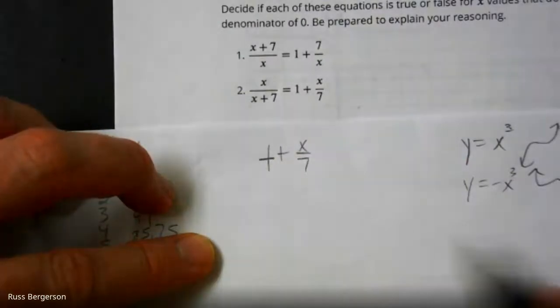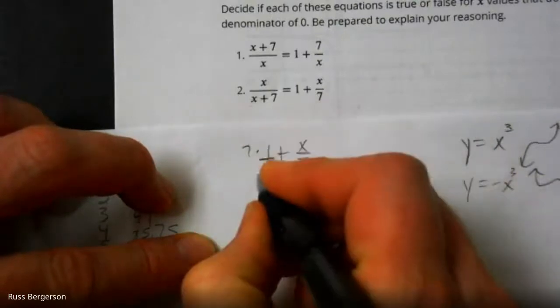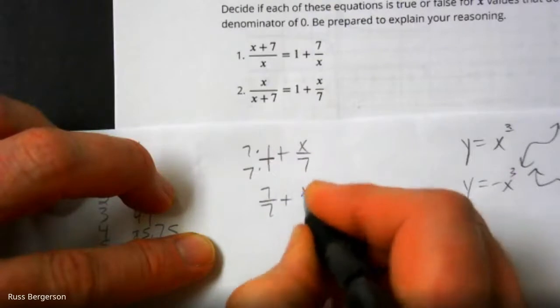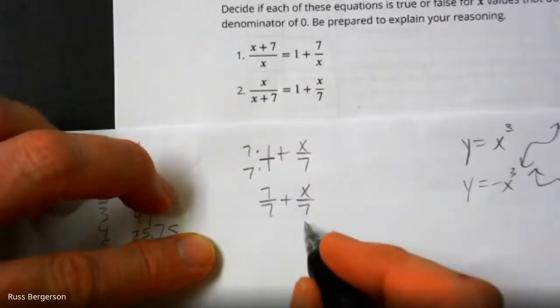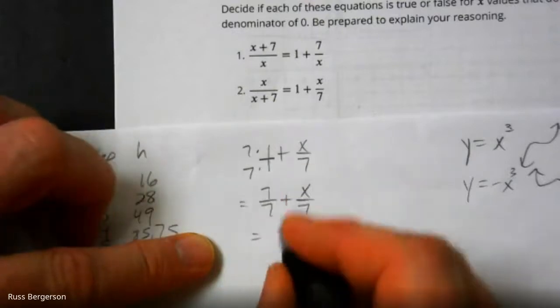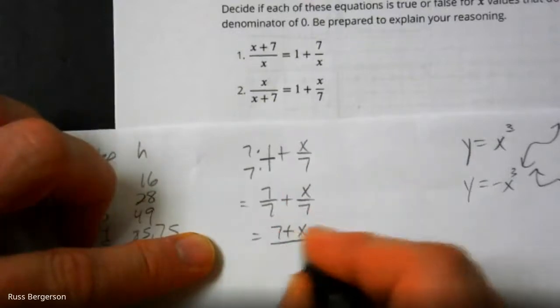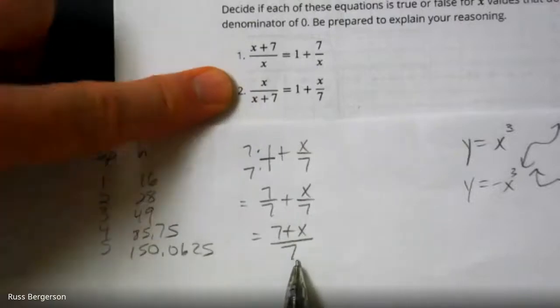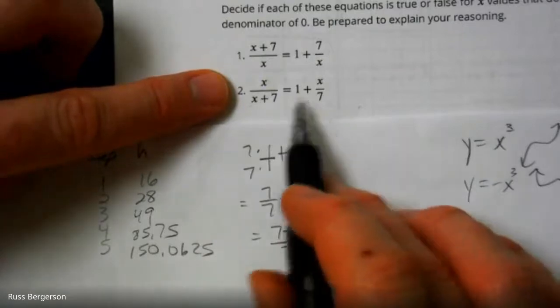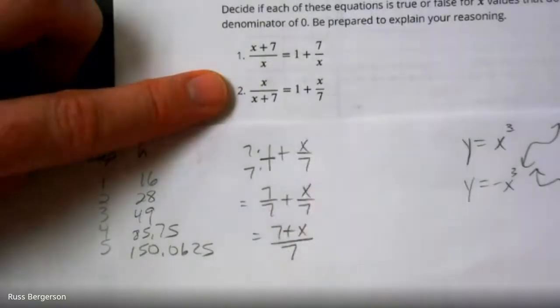It'd have to be 7, so I'd have to multiply the top and bottom of this fraction by 7. So I'd end up with 7 over 7 plus x over 7. And then if I actually added this, I'd get 7 plus x over 7. And that does not look like the same as x over x plus 7. They're not the same thing. So I would say this one is not the same thing.